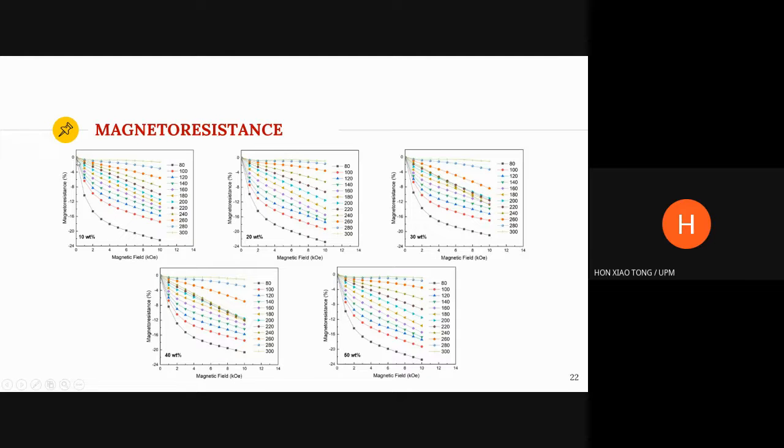It means that the intrinsic MR effect is more dominant, especially at low temperature, as we can see in the black line, for all of the 10, 20, 30, 40, and 50% of PVP used.